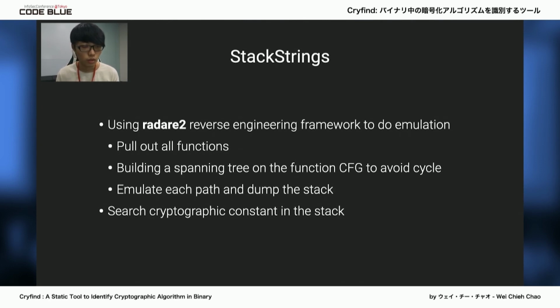Finally, we search in the stack for cryptography constants, like we did before. Doing this can help us defeat some simple data obfuscation techniques which assemble the value at runtime.